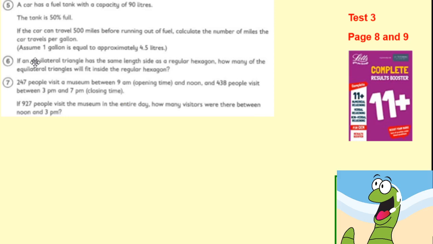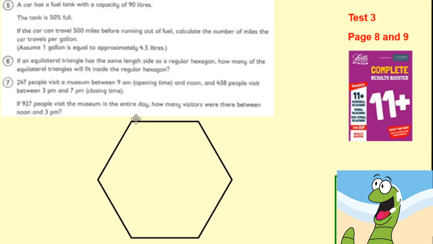Question 6. If an equilateral triangle has the same length side as a regular hexagon, how many of the equilateral triangles will fit inside the regular hexagon? So here's my regular hexagon. I'm going to find the center point, which is about there. To help me, you could draw this out, as long as you measure the same length.